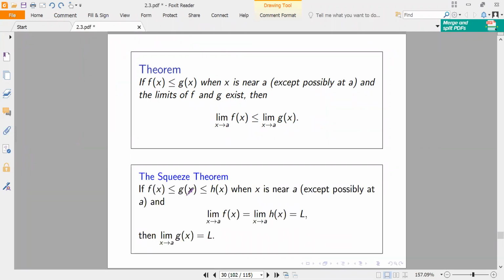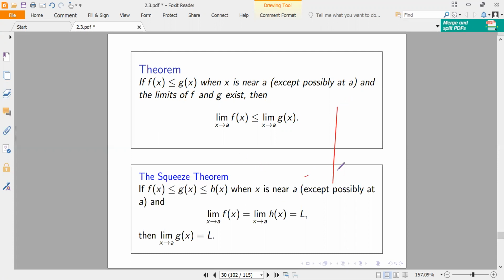And now we get to the most important theorem in our class, called the squeeze theorem. Suppose you have three functions, f of x, g of x, and h of x. All these functions are defined when x is near a, not specifically at a, just near a.